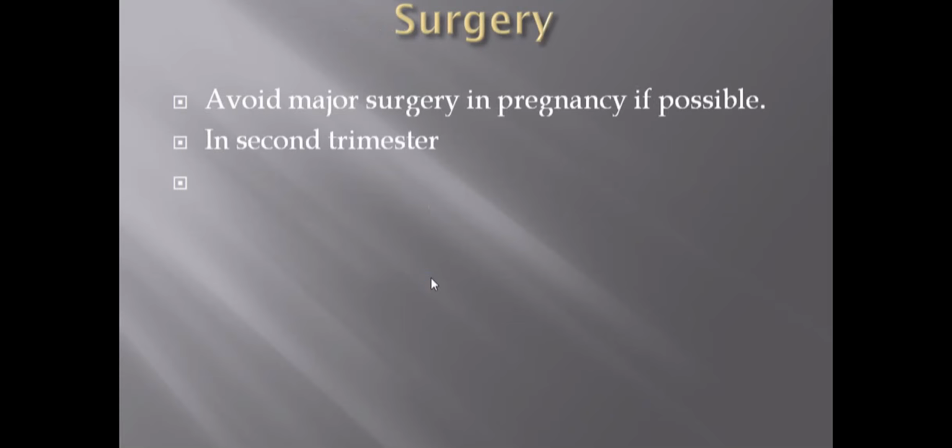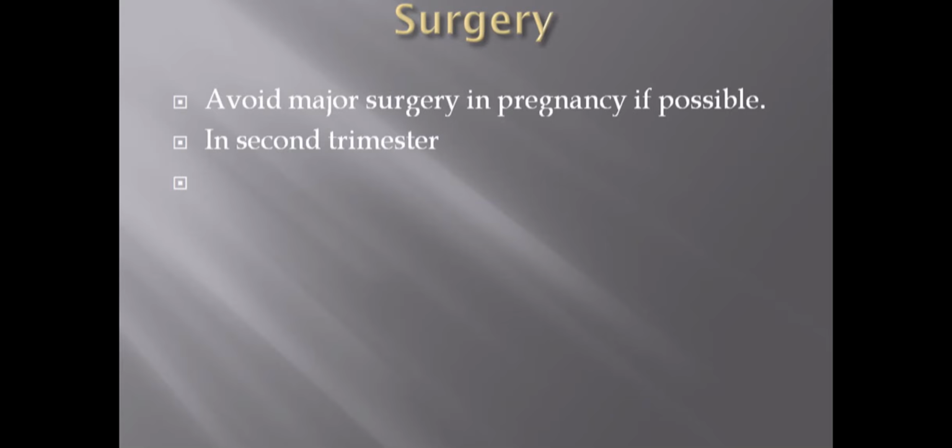The last option of management is surgery. As much as possible, major surgery should be avoided during pregnancy because it may result in major complications like fetal loss and thyrotoxicosis with thyroid storm.